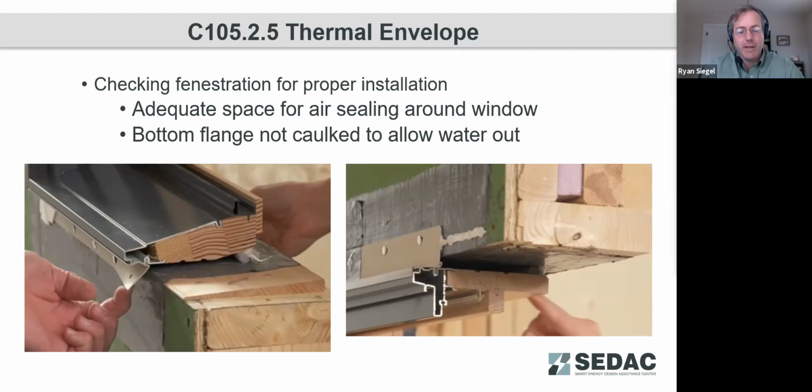Installation of fenestration is one of those things that has changed. As far as best practices, we've learned much more about building science over the years, and so best practices for installation have changed in the last couple of decades. One of the primary things now is looking for a double seal.